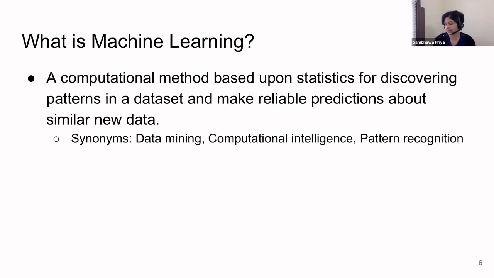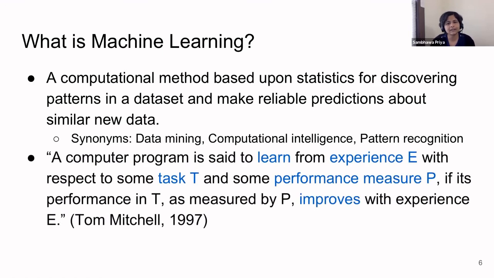And here's a more formal definition of machine learning. It's a computer program which is set to learn from experience E, here talking about past data or the training data, with respect to some task T, where T could be a prediction problem or a classification problem, and some performance measure P. So we are going to measure how well this machine learning program is working.